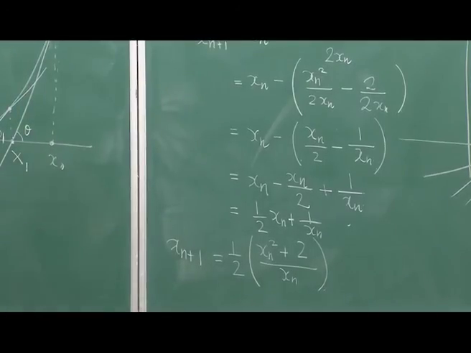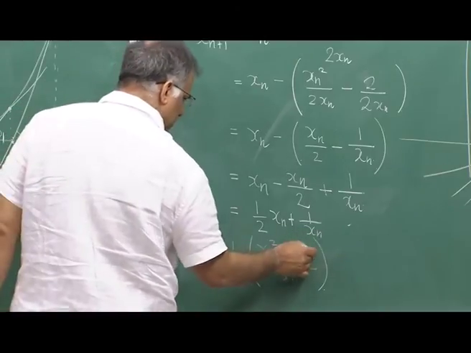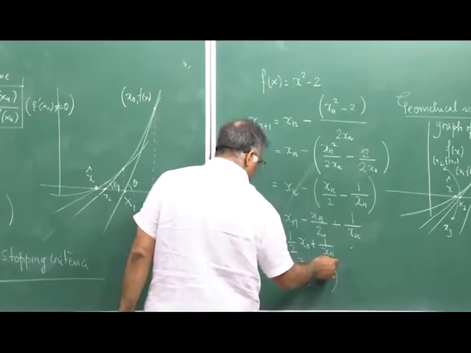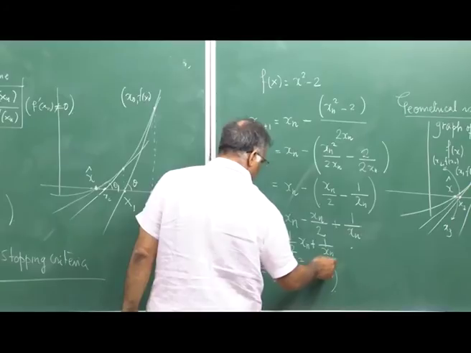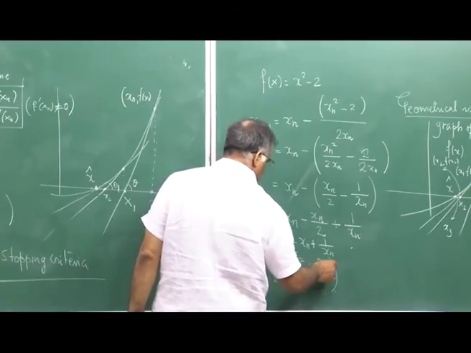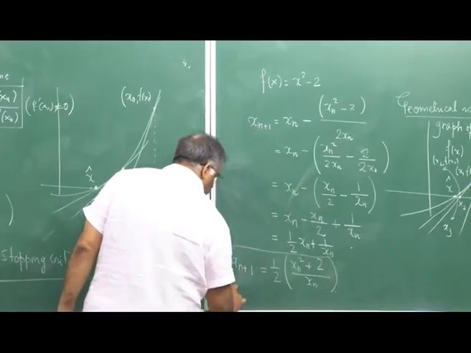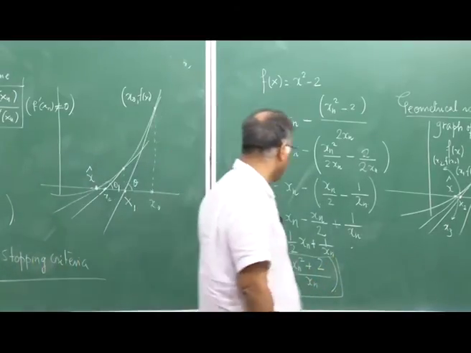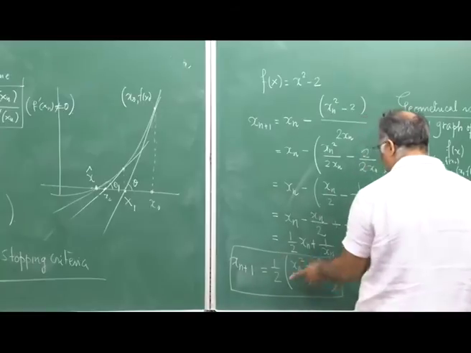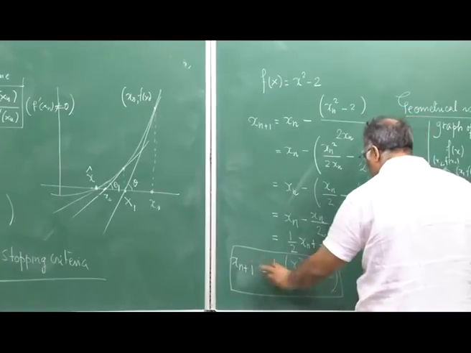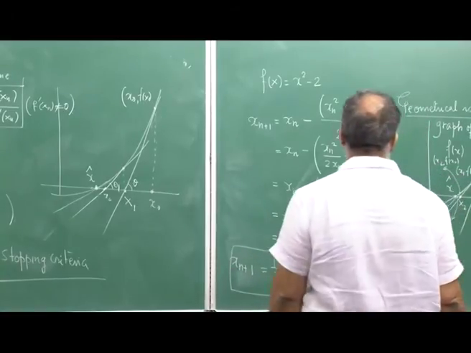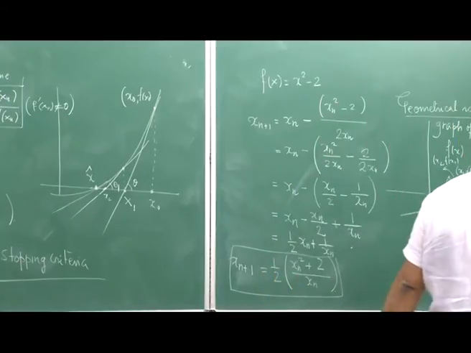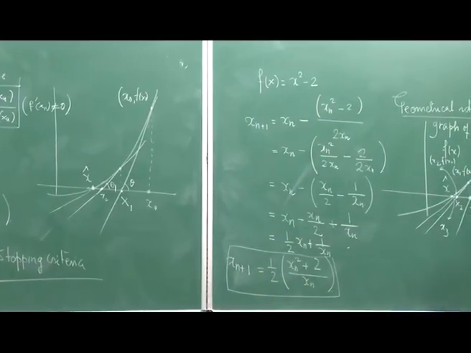So this is the scheme. Now you do not even have to calculate the derivative or anything. You just have to know x_n, start with some x naught and put it in this formula, and you will get x_{n+1}. You can do it for many functions.